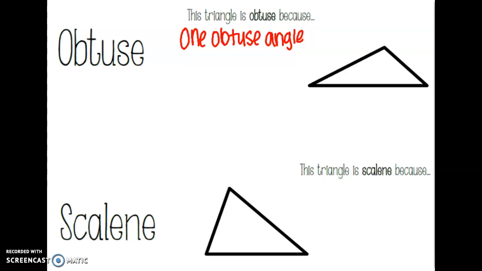An obtuse angle means more than 90 degrees. So for example, I see this giant angle right here has to be more than 90 degrees. We can say that's, I don't know, 120.